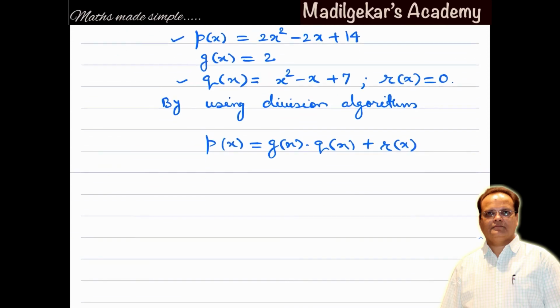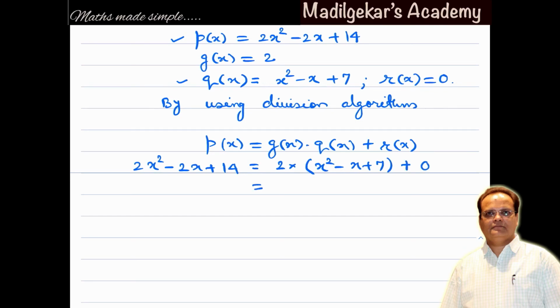P of x we had considered as 2x square minus 2x plus 14, g of x as 2, q of x as x square minus x plus 7, and we had considered r of x as 0. On multiplying bracket by 2, we get 2x square minus 2x plus 14. So here LHS equals RHS.